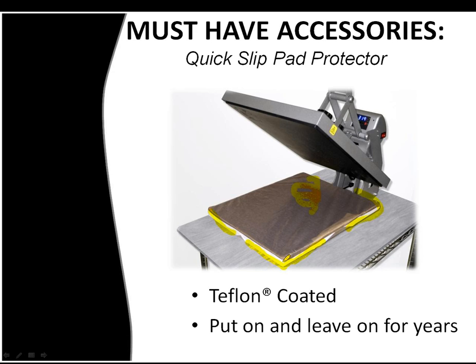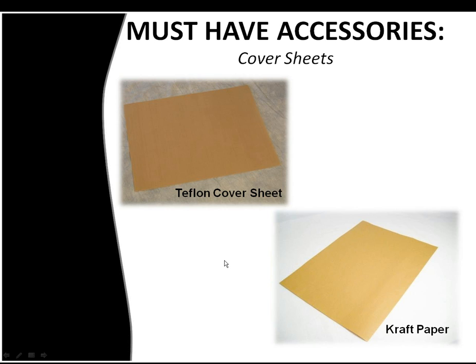With the quick slip pad protector on here, because it's slippery, you're going to be able to slide those shirts on and off and maneuver them around so that you always can find the center really quickly. And in my opinion, that is like the key. I would never ever use a heat press without a pad protector on it. It's difficult.